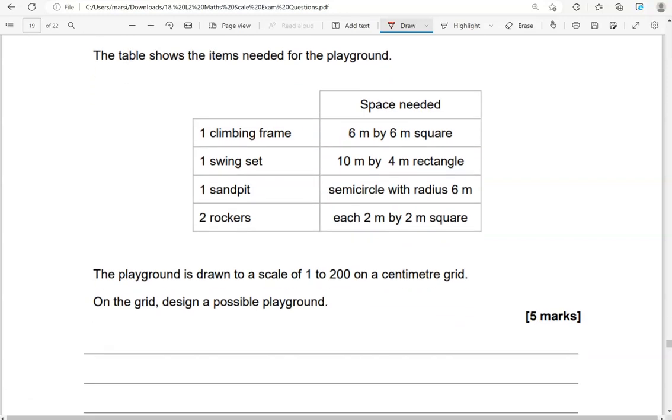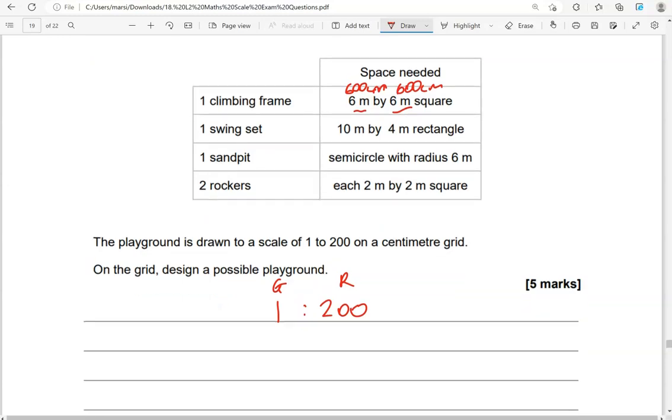So we've got a scale which is 1 to 200. So 1 will be on the grid and 200 will be in reality. We've got a centimeter grid, so we're going to use centimeters. We've got these given in meters though. So 6 meters, that is 600 centimeters in reality.